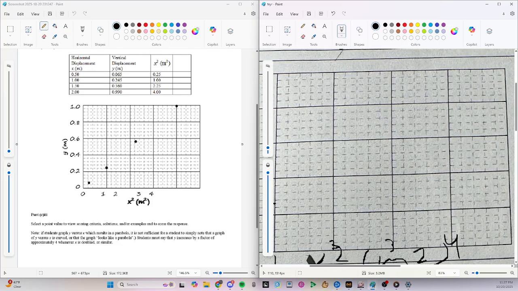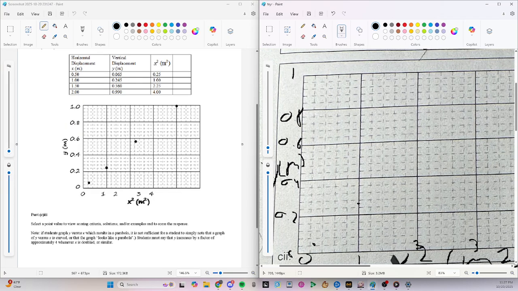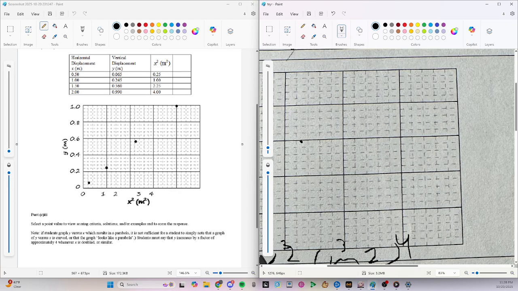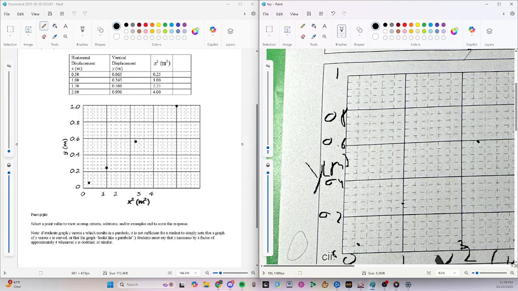Next is 2.25, right here. And then 0.5, wait, 6, so it's right here. And then the final point is at 4, 1, right there. So that's plotting these points.